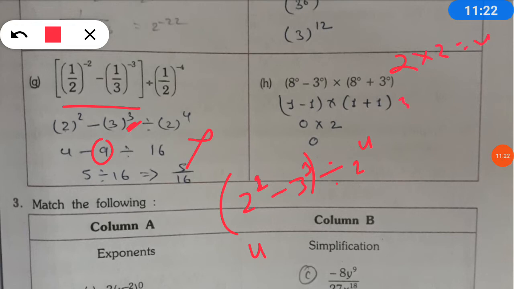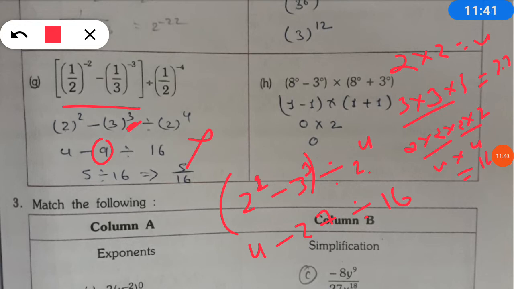Next 3 into 3 into 3, so 3 threes are 9, into 3 is 27, so here minus 27 will come, divided by 2 to the power 4, so 2 into 2 into 2 into 2, 4 into 4 is 16, so divided by 16.